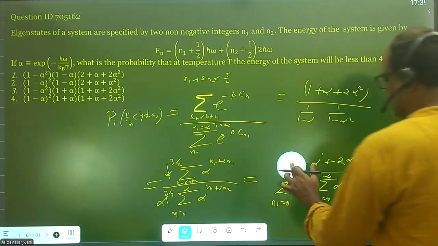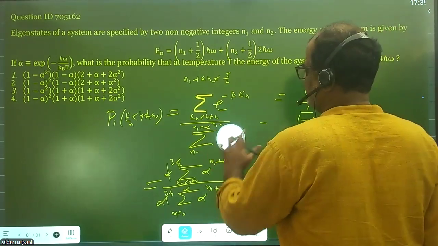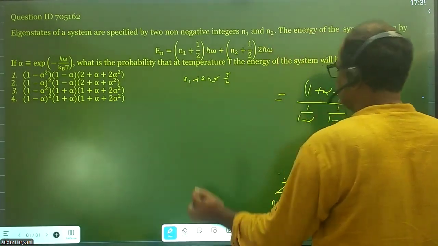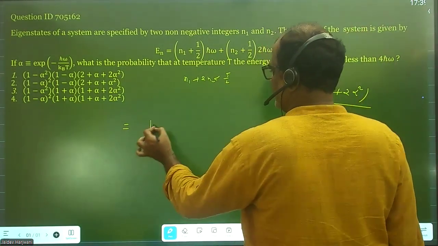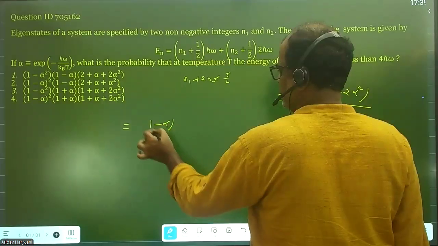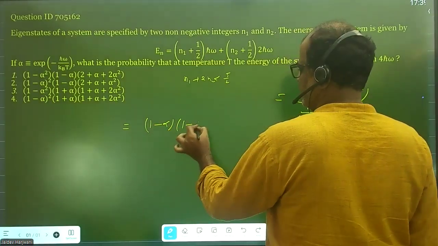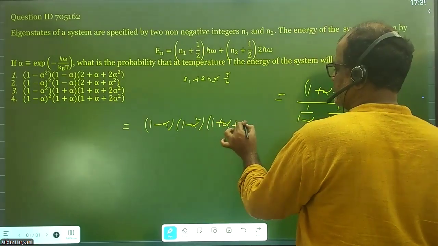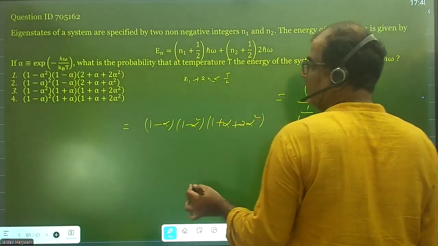So the solution becomes (1 − alpha)(1 − alpha squared)(1 + alpha + 2 alpha squared).